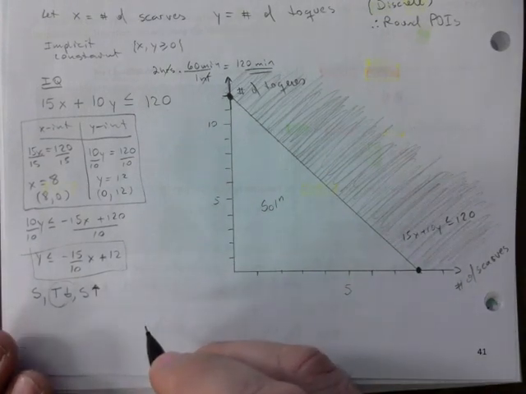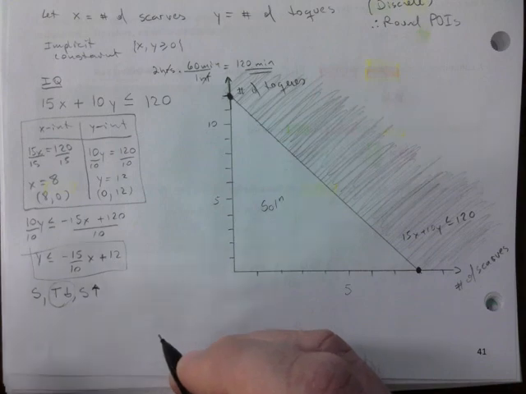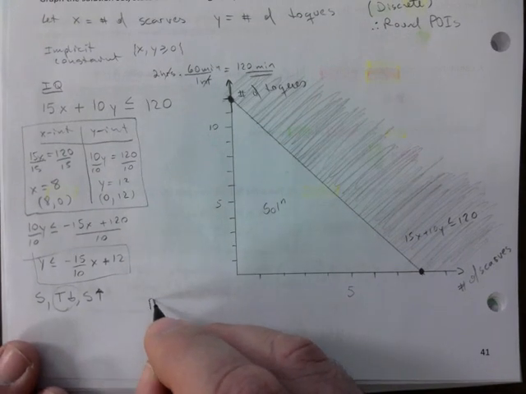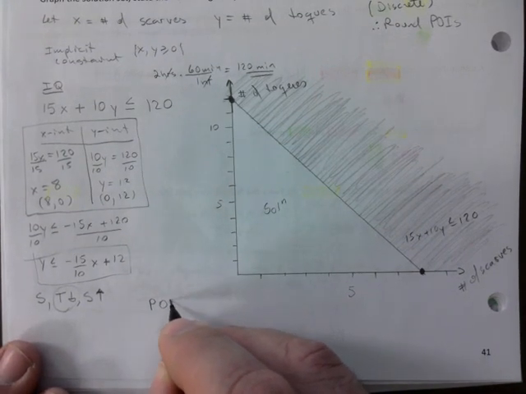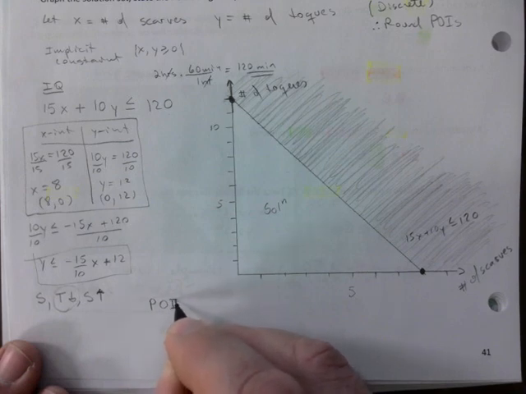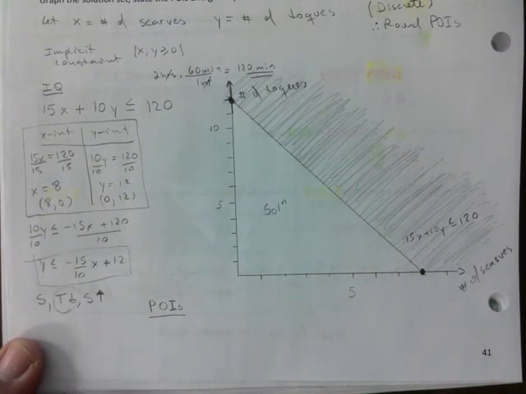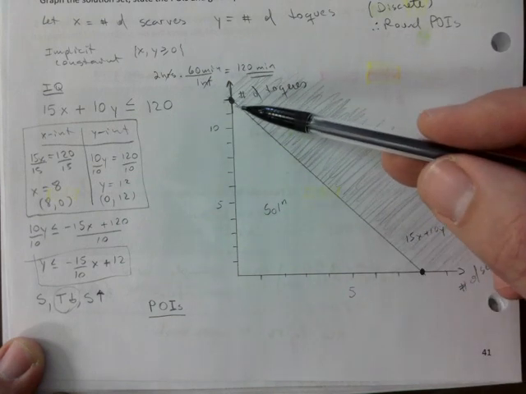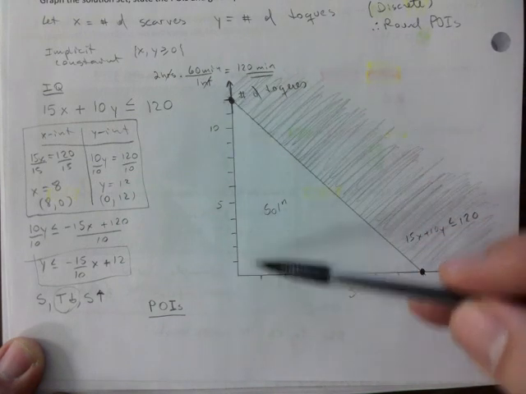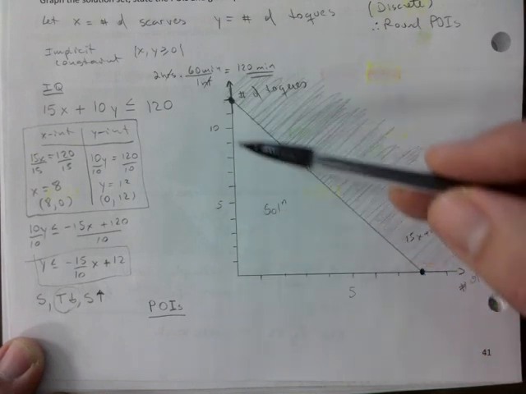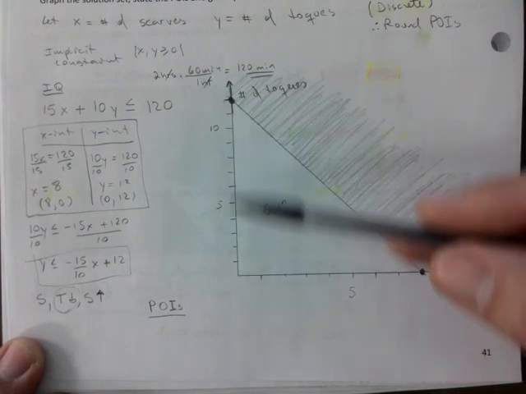We need to figure out the POIs, the points of intersection. And you do not need your calculator for this one. You can actually read them all. And I need you to make sure you understand this. When it's a word problem, the x-axis and the y-axis act as boundary lines.